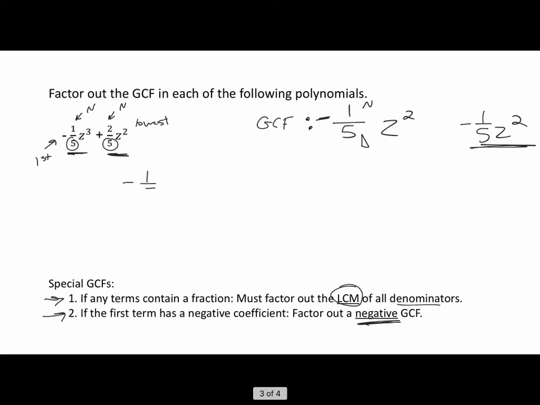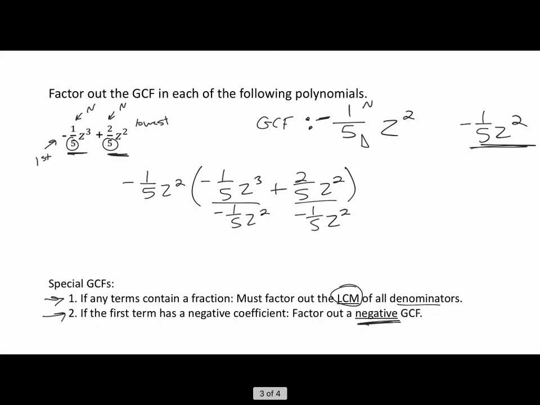So let me factor that out from what we have right now, a binomial here. So I have to divide negative 1/5 z squared from each of these terms to see what remains. So GCF, let's see what remains here. Negative 1/5 divided by negative 1/5, that cancels out. z cubed divided by z squared is z.